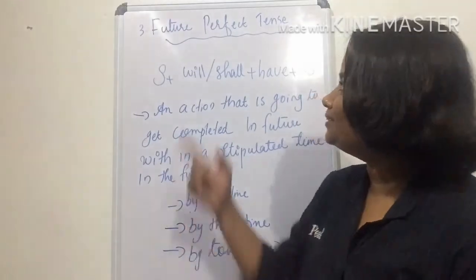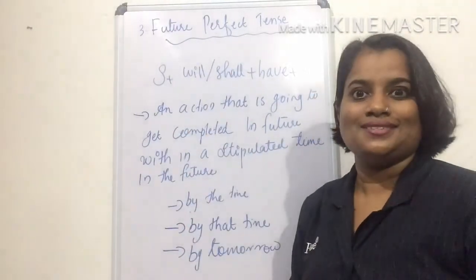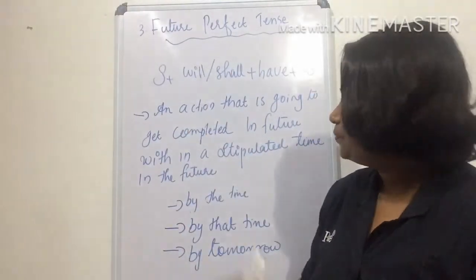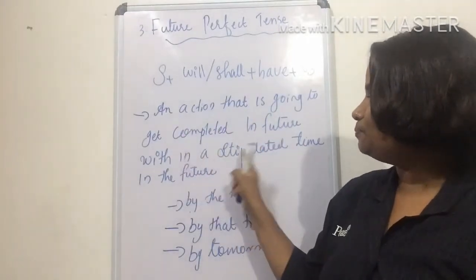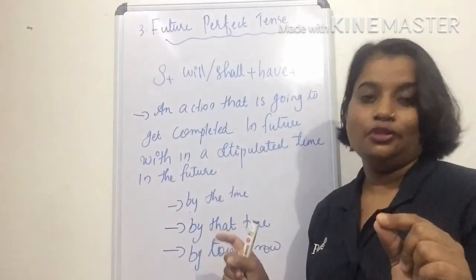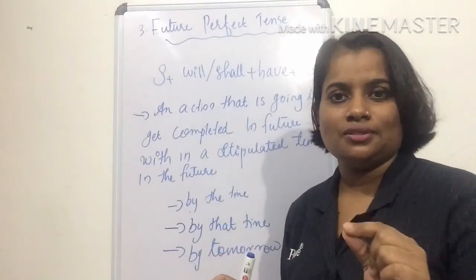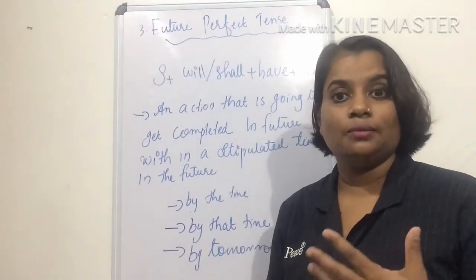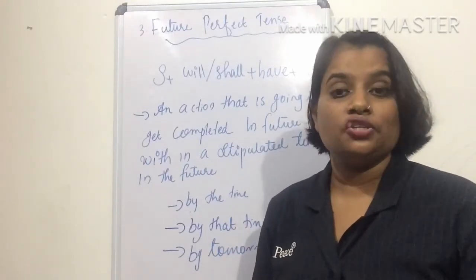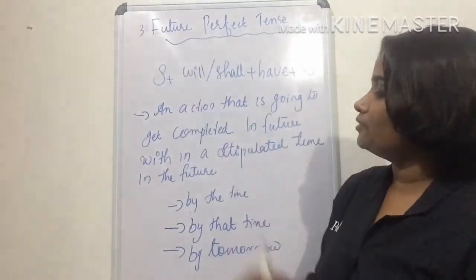Yes, you are using future perfect tense. I'll tell you how it is. An action that is going to get completed in future within a stipulated time in the future. If you forget to submit the assignment, you will have submitted the assignment by this time. On such occasions you can use the future perfect tense.